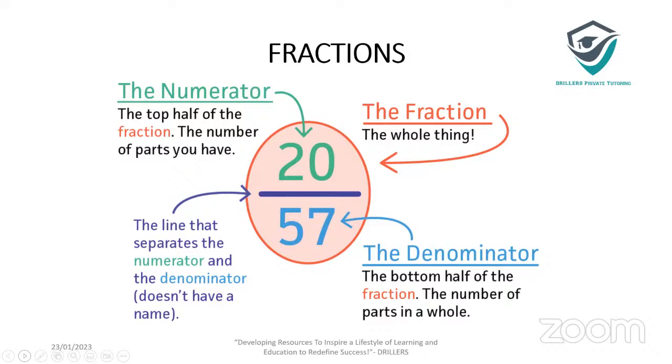So if I have the fraction 20 over 57, or 20 57ths, this is telling me that we would have split our whole into 57 pieces. However, we only have 20 of those 57 pieces. So that's just to recap what a fraction is.